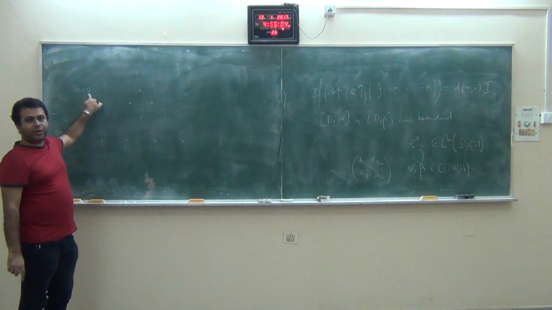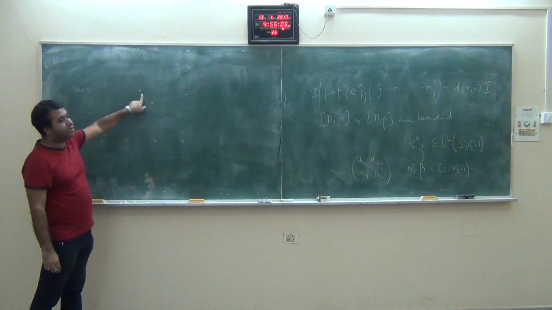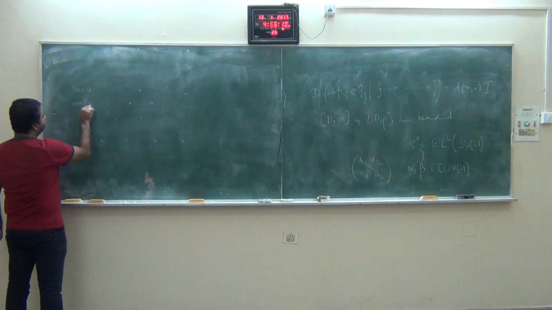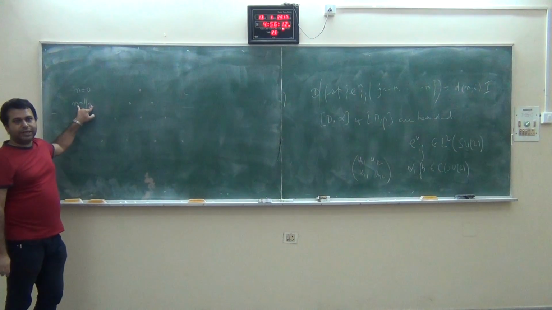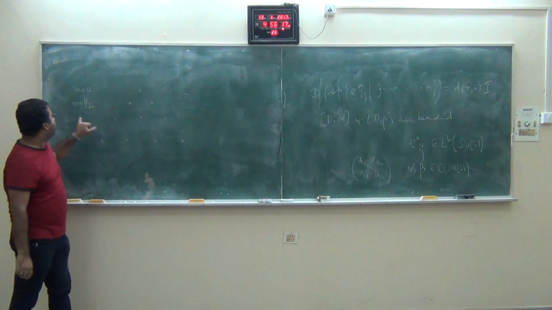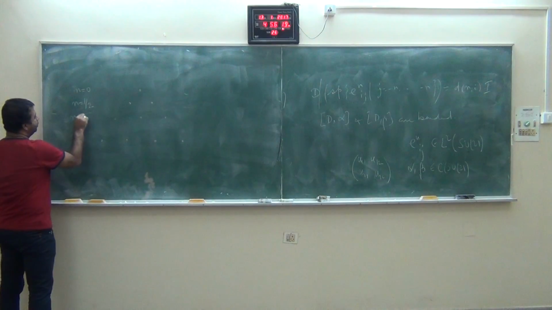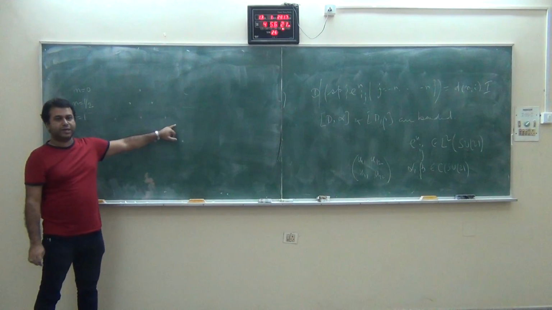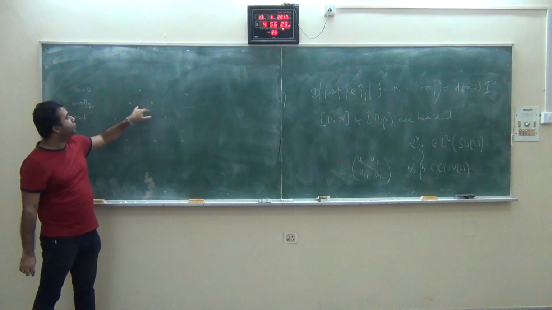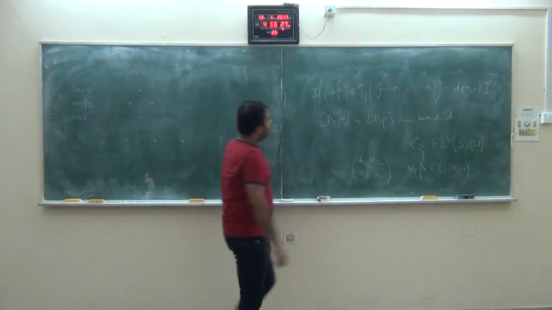N equal to 0, n plus 1 is 1, that means the representation is one dimensional. So n equal to half, n plus 1 is 2, the representation is two dimensional. N equal to 1, this is three dimensional. So what do these objects represent? They represent the various values of i.